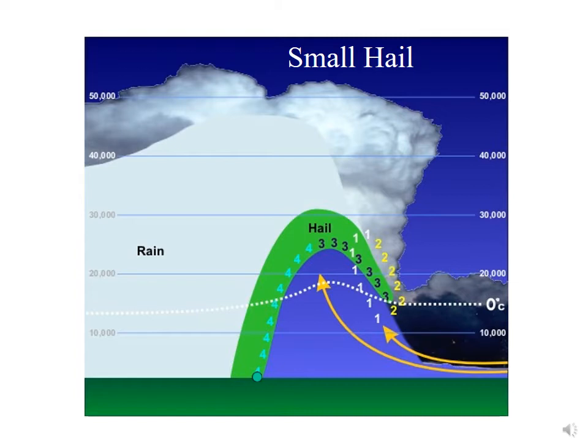And as it was falling back down, where we have these numbers 2, it eventually fell back down into the supercooled zone where the temperature was essentially between about 0 and minus 15 degrees C. So at that point, what we have is a graupel particle.